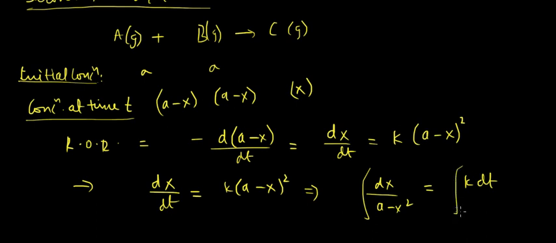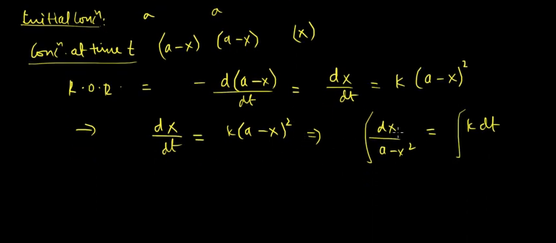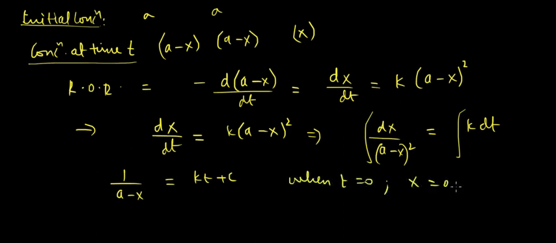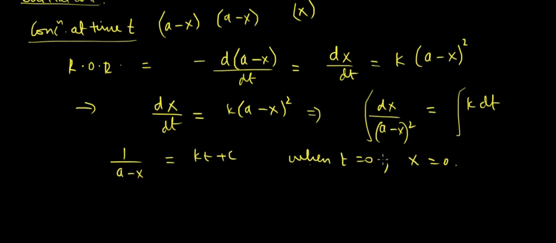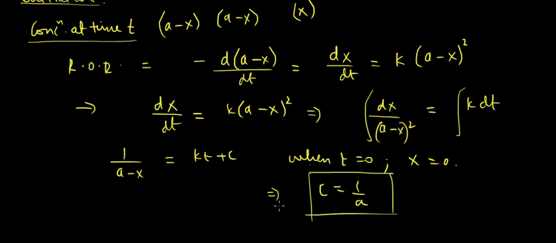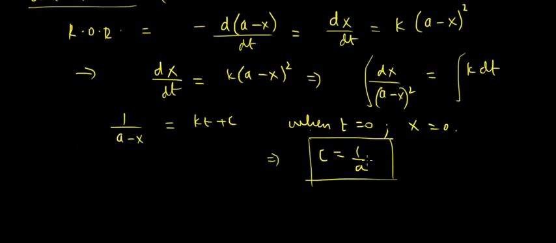So on integration, this will simplify itself to 1 upon A minus x, which would be equal to kt plus C. So let's say when t equals 0, x was equal to 0, so we can write that C would be equal to 1 upon A. Just put the values of t equals 0 and x equals 0 in this equation. You will get C equals 1 upon A.